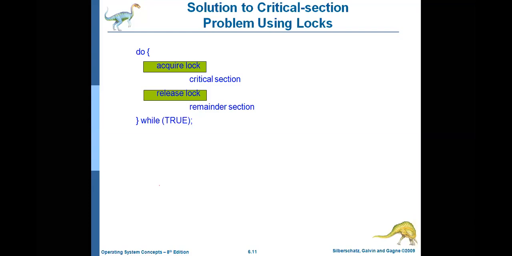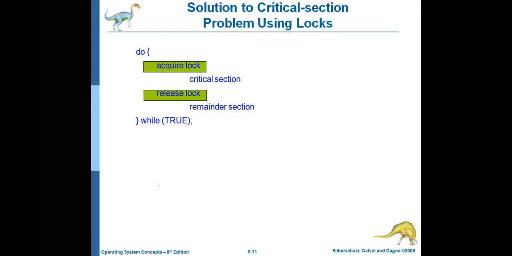At the same time, when P1 is in the critical section, maybe P2 is also willing to enter into the critical section. It is not possible for P2 to enter the critical section. Why? Because P1 has the lock right now. Whenever P1 releases the lock, that lock can be acquired by P2.